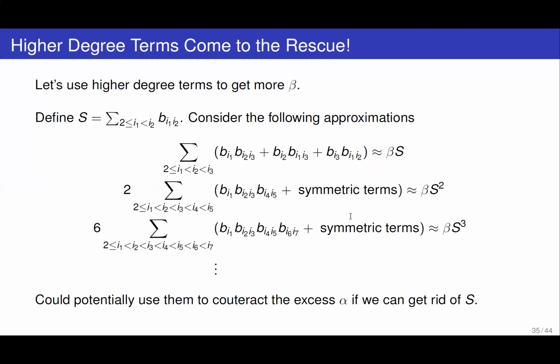And this sum is approximately equal to beta times S. And similarly, we can make the degree 5 terms be approximately equal to beta times S squared, and degree 7 terms beta times S cubed. So we could potentially use these terms to counteract the excess alpha if we can get rid of S.